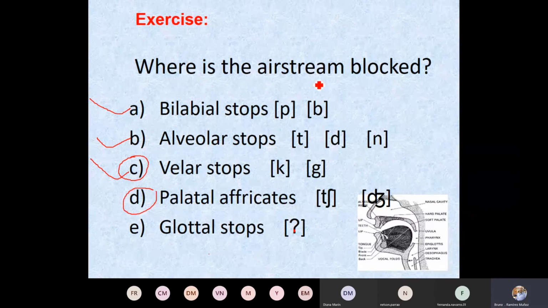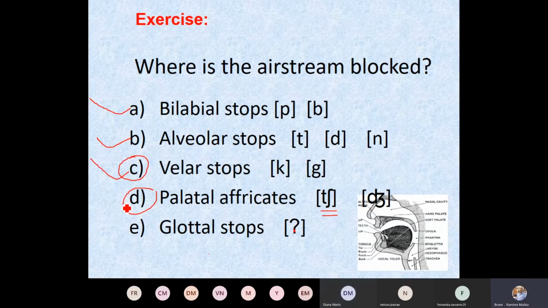Where is the airstream blocked when you articulate a palatal affricate, such as ch, as in church, or j, as in jeans? The tongue is behind the alveolar ridge.